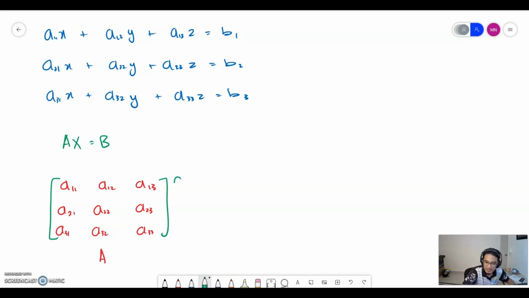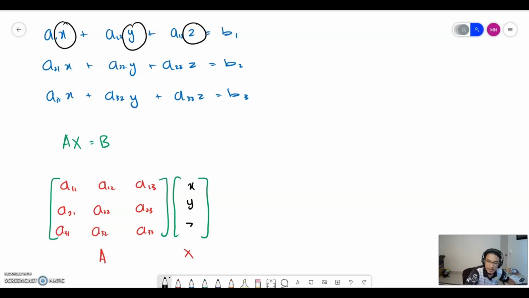Then this matrix A will multiply with matrix X. The matrix X is the unknowns from the linear equations, which are x, y, and z, written in the form of a column x, y, and z.